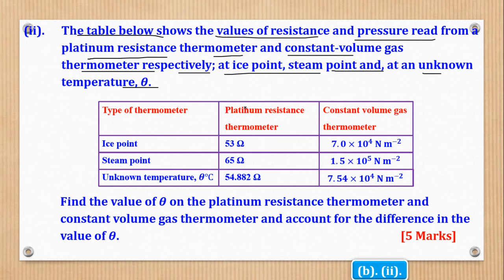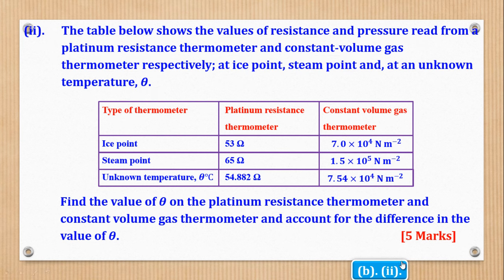Find the value of theta on the platinum resistance thermometer and constant volume gas thermometer and account for the difference in the value of theta.